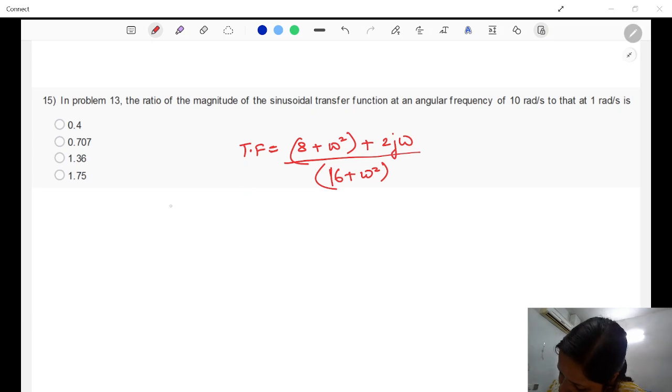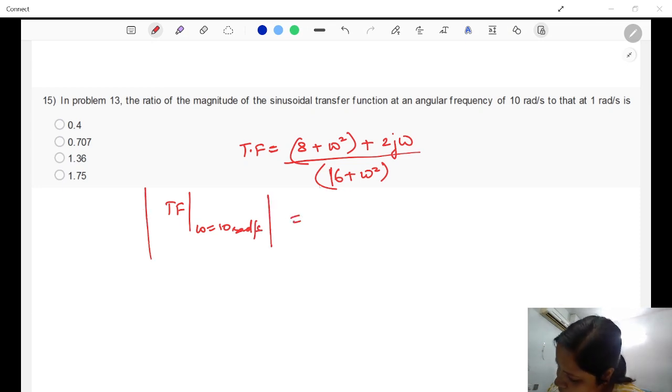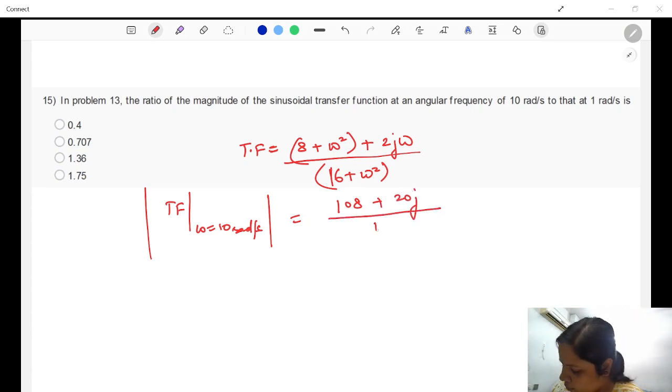Now, transfer function at omega equal to 10 radian per second: 8 plus 10 square, which is 108, plus omega is 10, so it is 20j, upon 116.